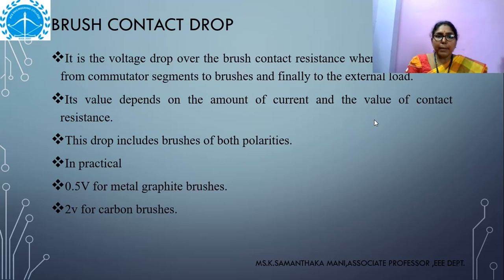This drop includes the brushes of both polarities. In numerical problems, unless individual brush drop is mentioned, we need to consider the given drop as being for both the brushes. Generally it will be 0.5 volts for metal graphite brushes, and 2 volts for carbon brushes.